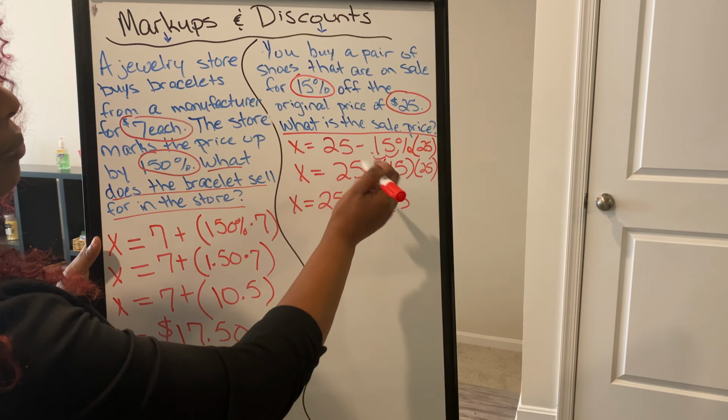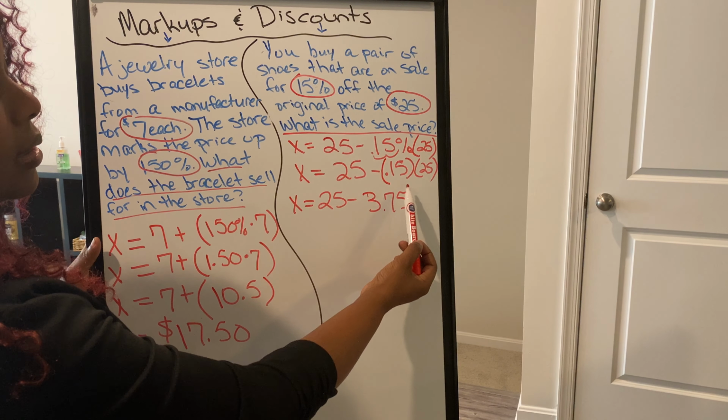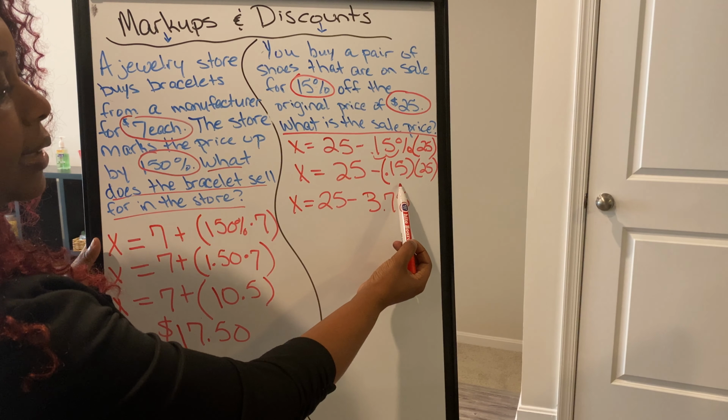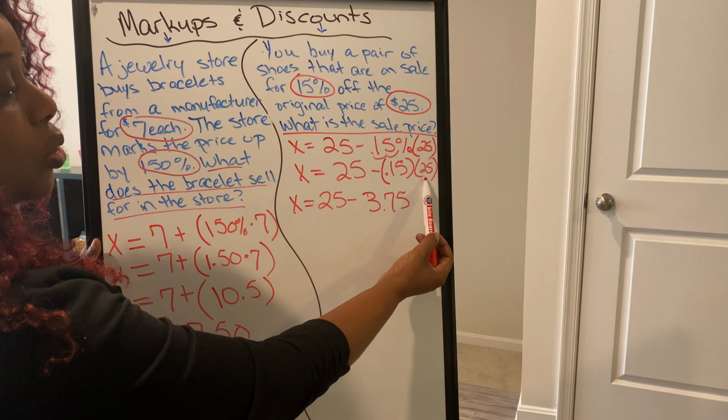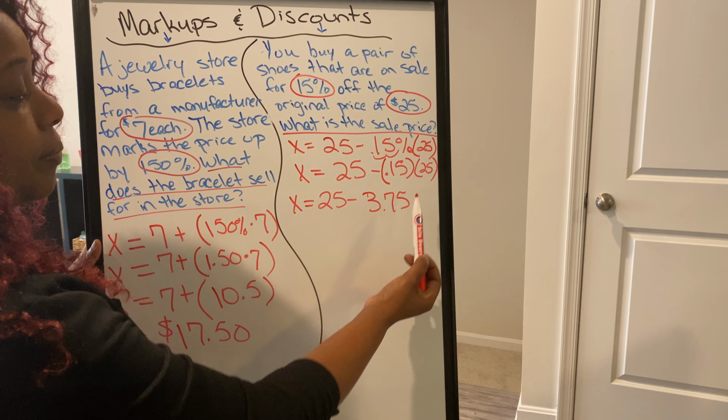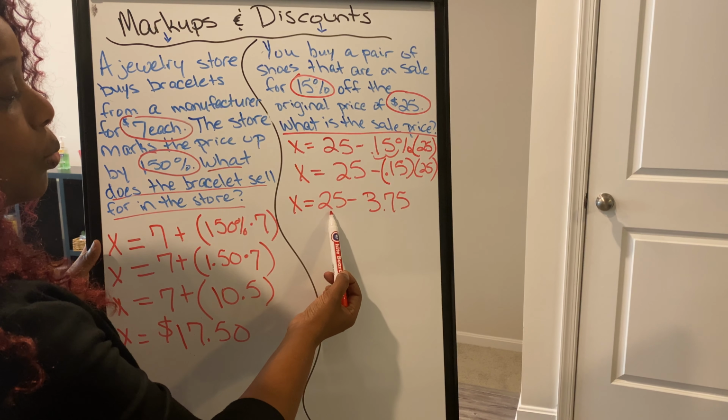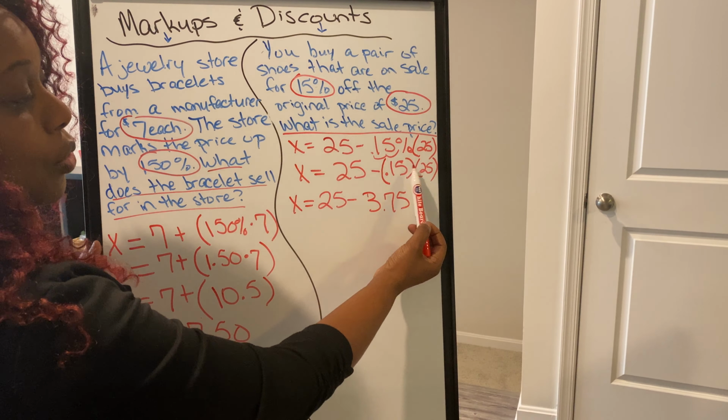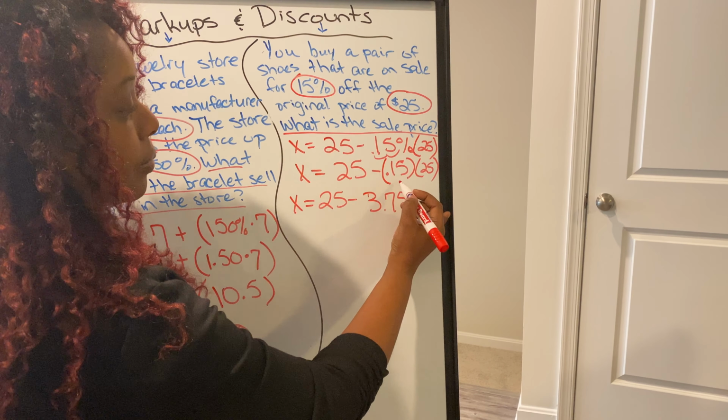So let's recap. Turn your percent to a decimal. Take the decimal, multiply it by the original price. Then take the original price and subtract this product from it.